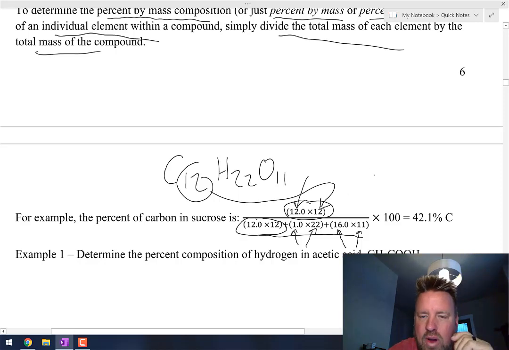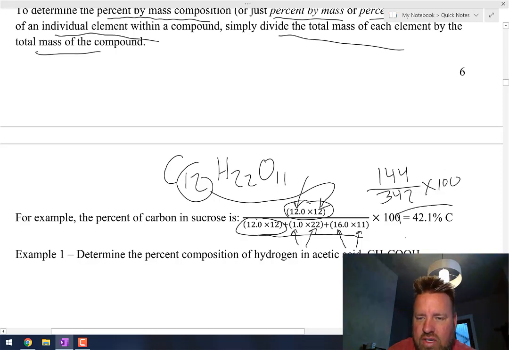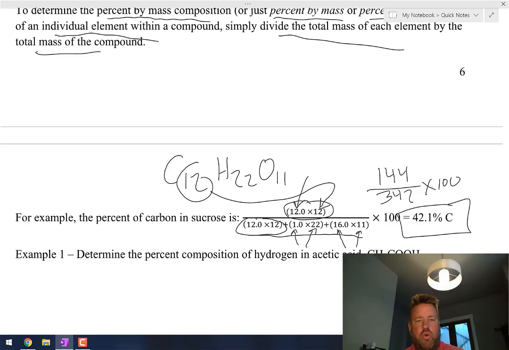You need to get a number on the top, I believe it's 144, and a number on the bottom, I believe it's like 342. And then you multiply by 100. Check that on your calculator. You should get a percent of carbon of 42.1%. So that means of that molecule, 42.1% of that mass is carbon.